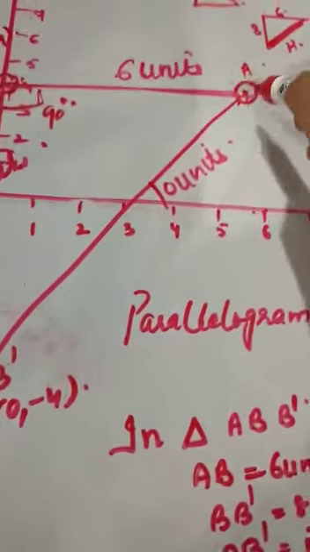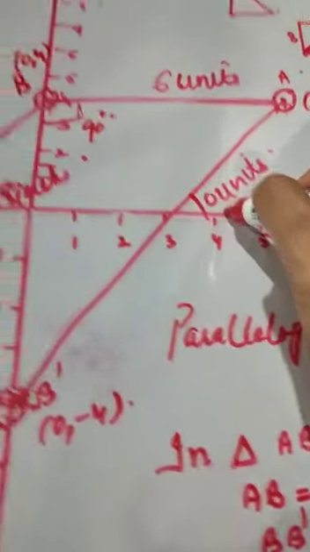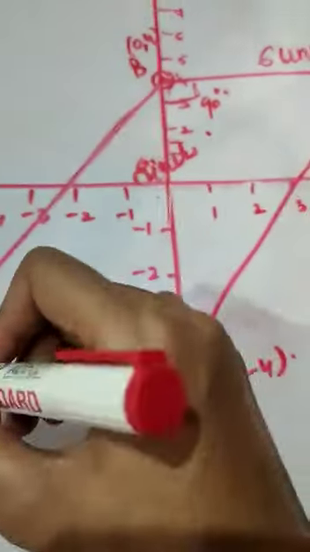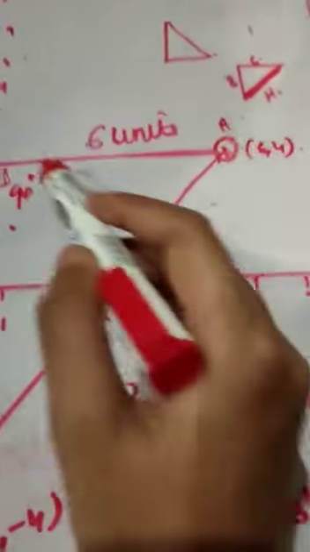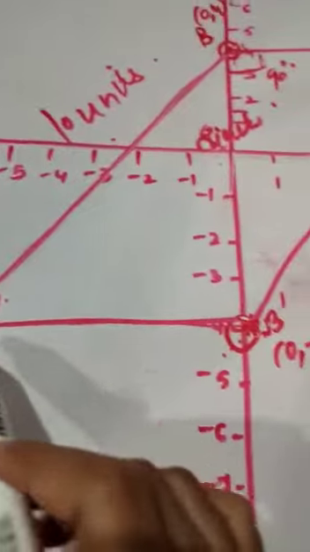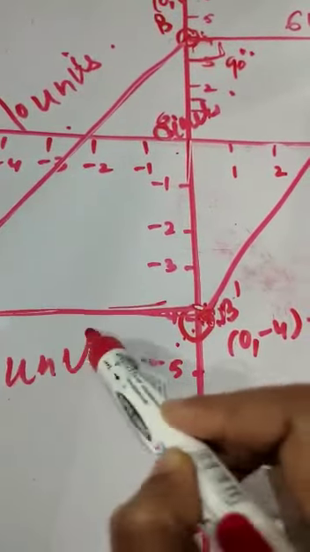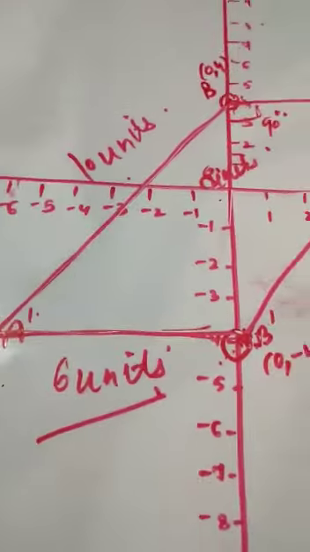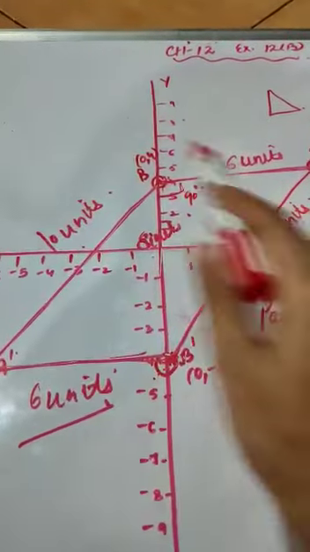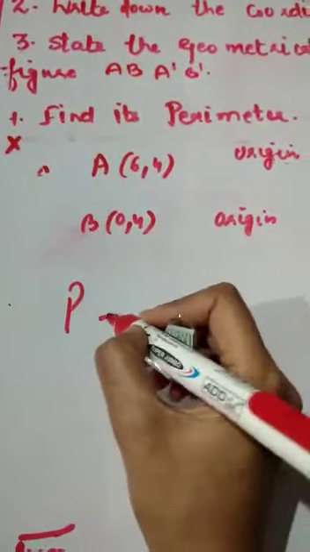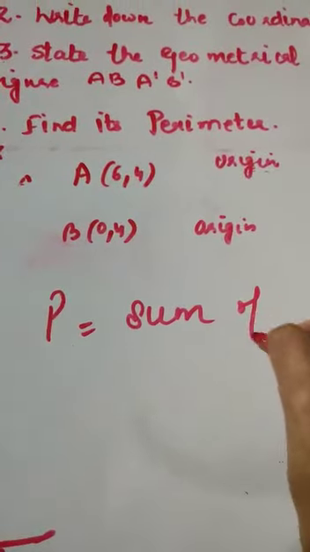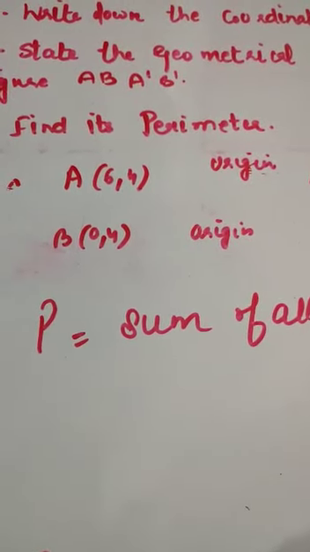Now, if this AB dash is 10 units, it means BA dash will also be 10 units, because in a parallelogram opposite sides are parallel and equal. If this is 6 units, this is also 6 units. Opposite same, opposite same. Now we have to find the perimeter, and we know that perimeter is equal to the sum of all sides.